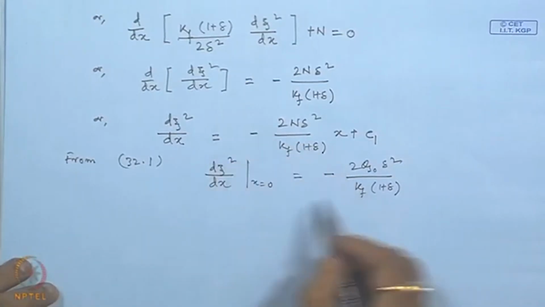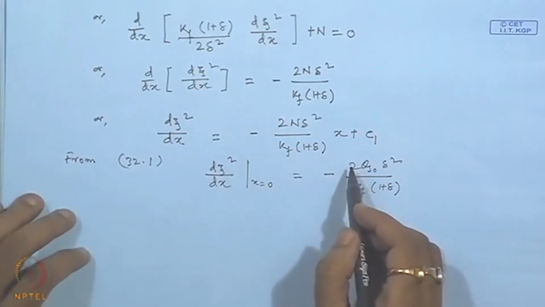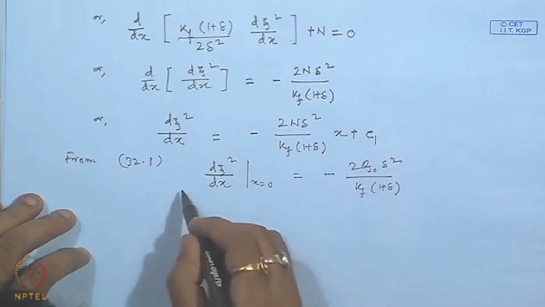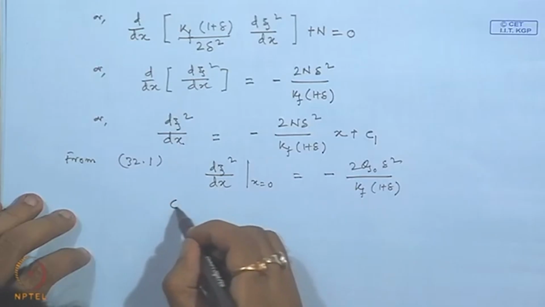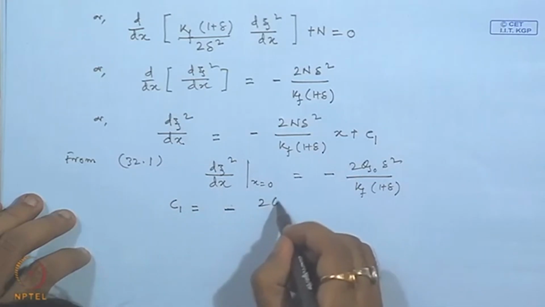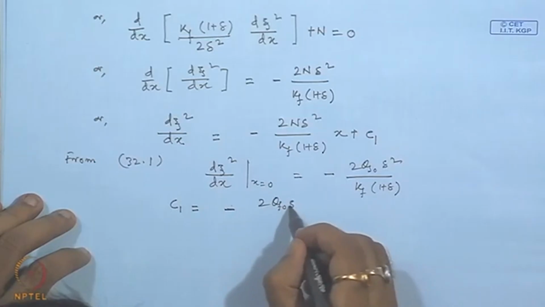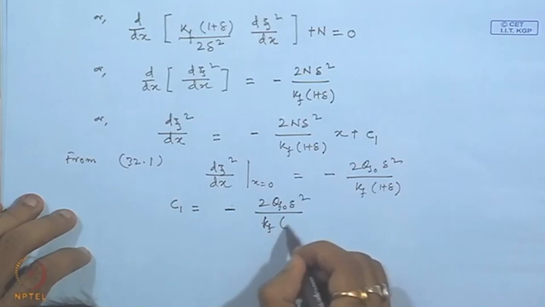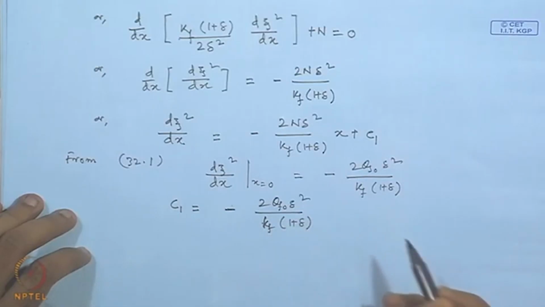So, if we utilize this thing for our case, then we have C1 is equals to minus 2 Qf naught delta square by Kf (1 plus delta).